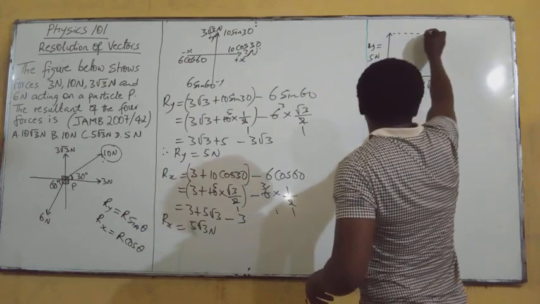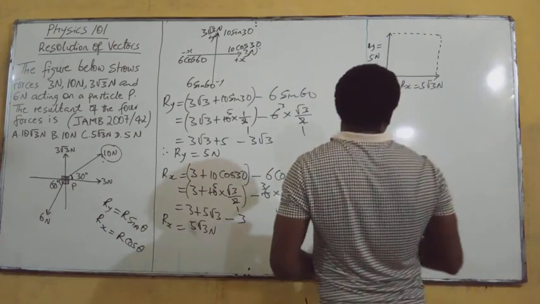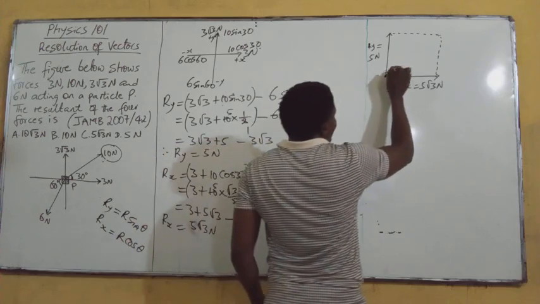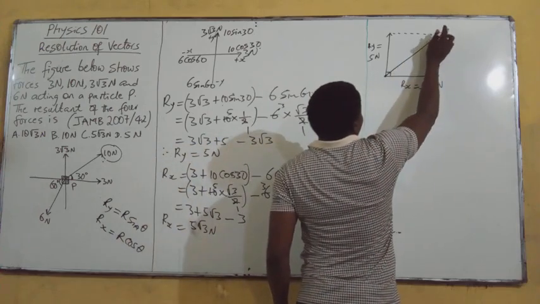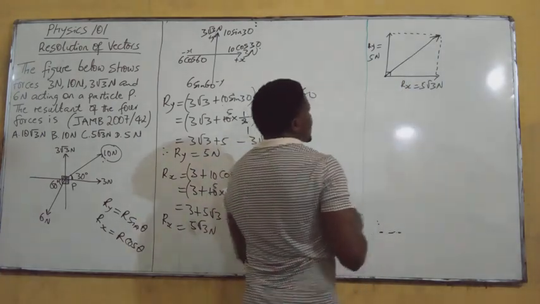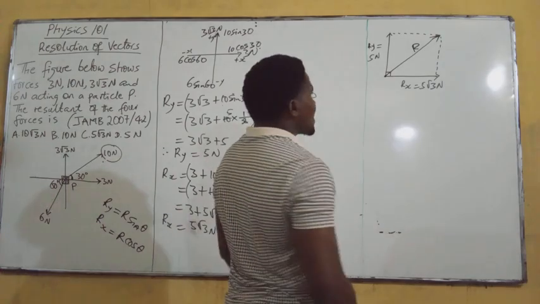Now, completing this diagram to form a rectangle, according to the parallelogram law of vectors, when two vectors are inclined at a common point, the diagonal drawn from their point of intersection is the resultant vector. So here is my resultant R, and that is what we are asked to find.